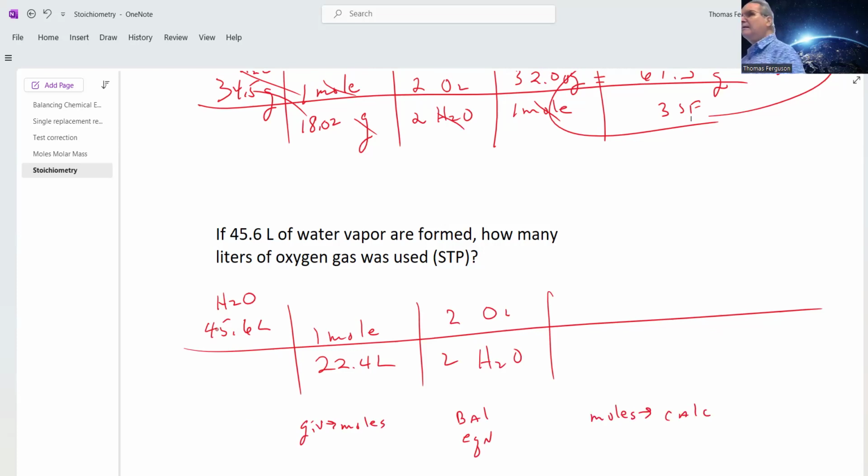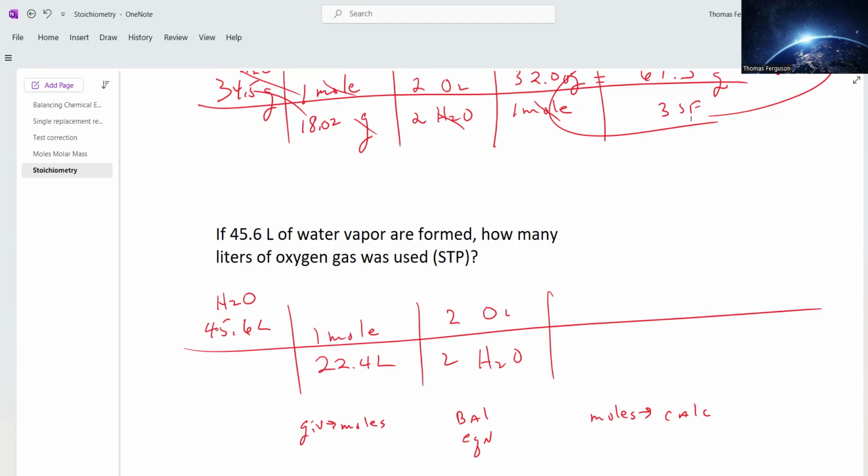So this first step is always, always take the given, convert it to moles. Always, the middle step here is the balanced equation ratio of the coefficients.